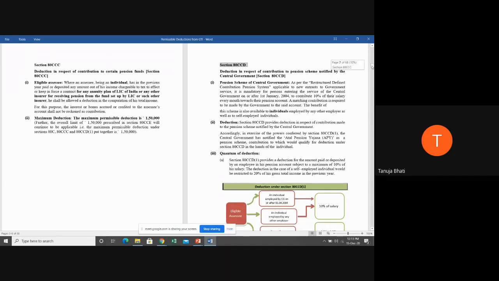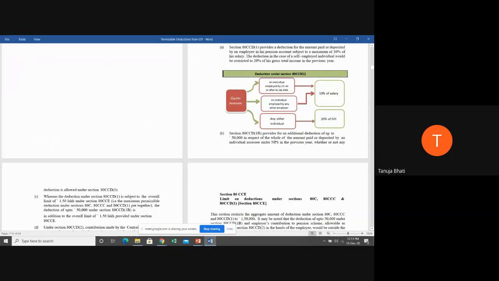So let us see what is the deduction you will get. First, if the eligible SSC is an individual employed by the central government on or after 1/4/2004. Suppose if you are an individual, it is available again to an individual.